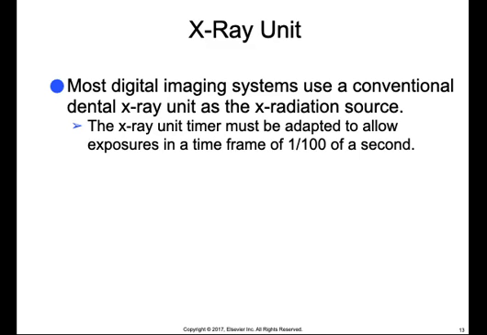So that would be 6/100ths of a second or 8/100ths of a second. And just remember, a standard X-ray unit that is adapted for digital imaging can still function for conventional imaging. We just have to change the exposure settings.